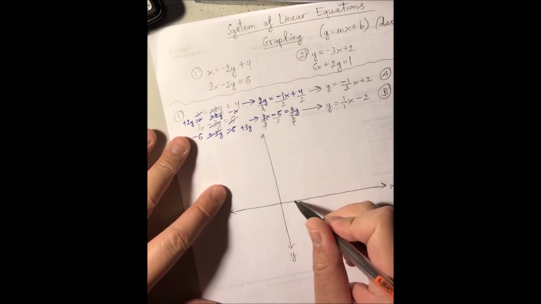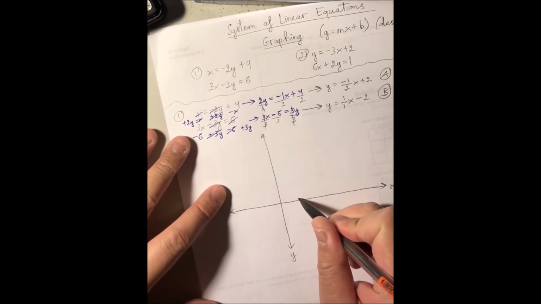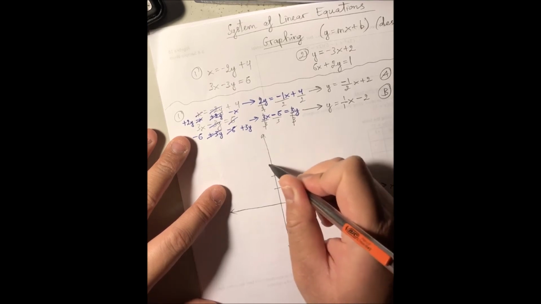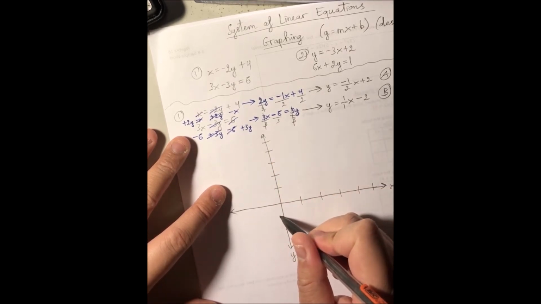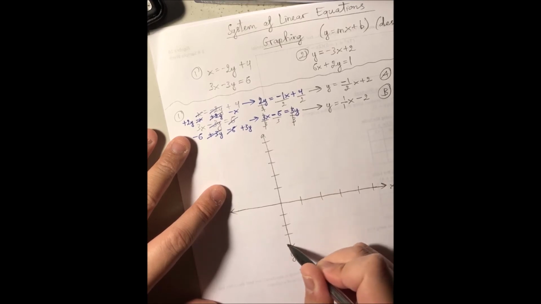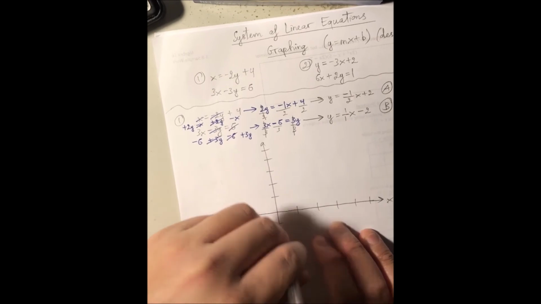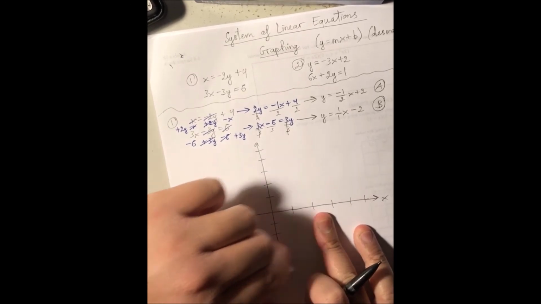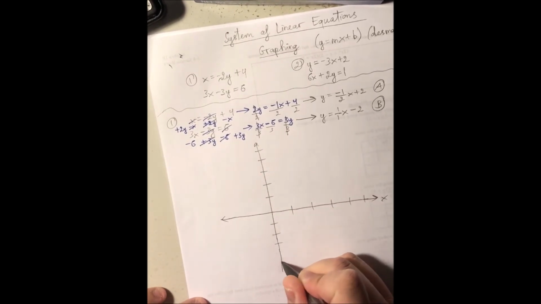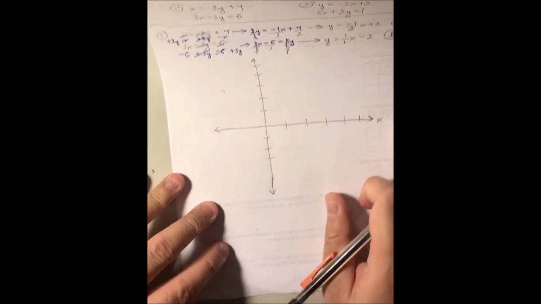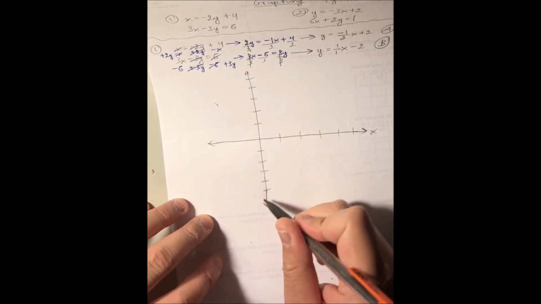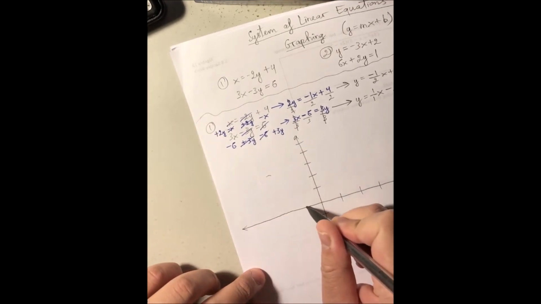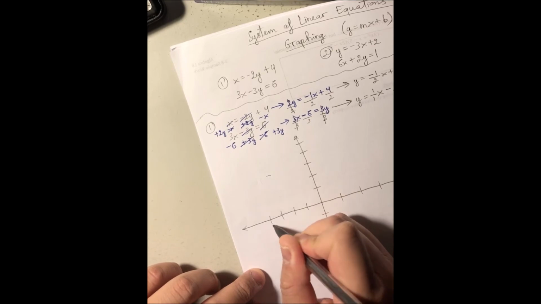I'm going to scale it by 2: 2, 4, 6, 8, 10, and on the negative side, -2, -4, -6, -8, -10, -12, and something on the left here, -2, -4, -6, -8, -10.